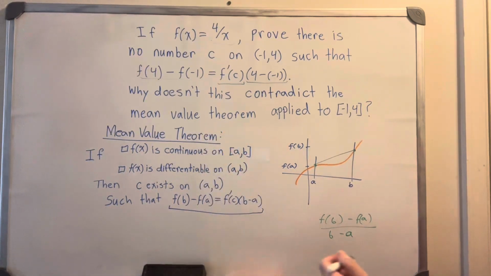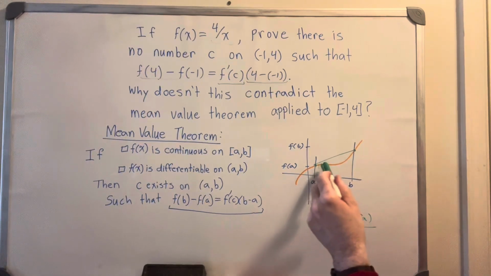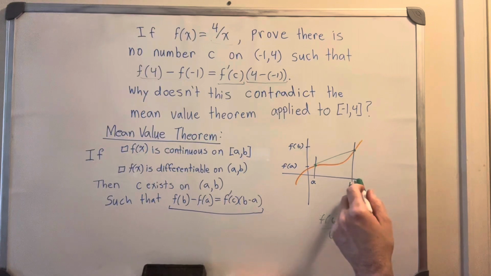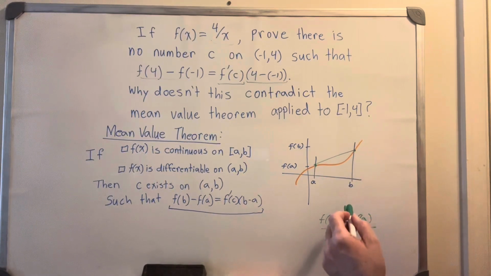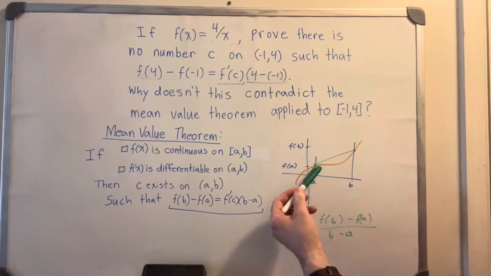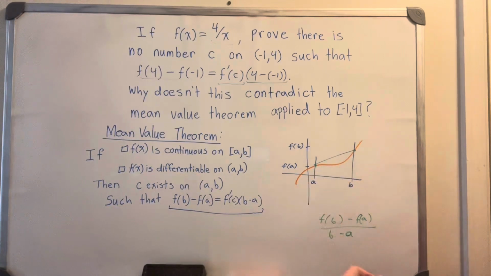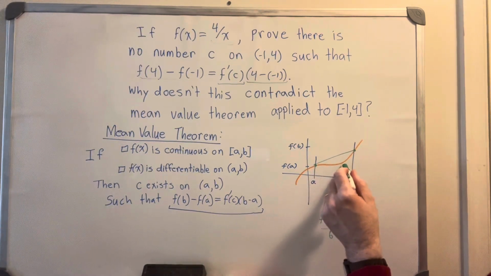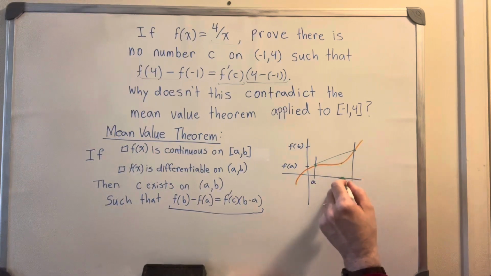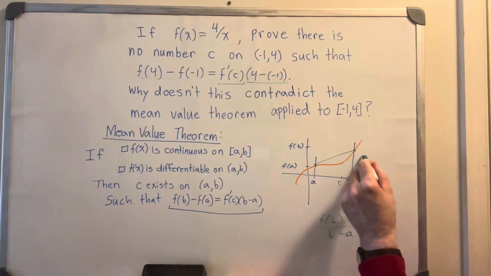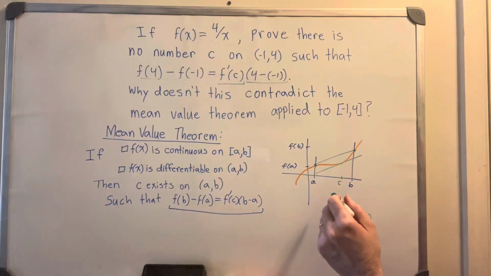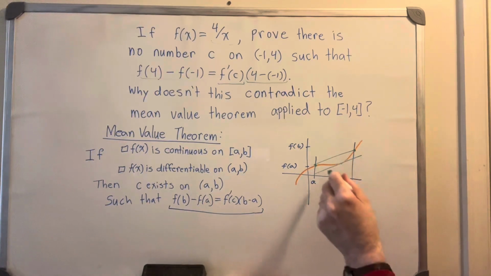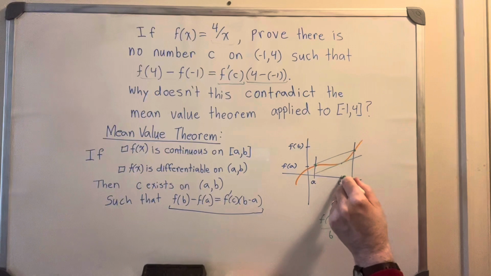In general, informal terms, what the mean value theorem says is that if the function is continuous on the closed interval and differentiable on the open interval, there's going to be at least one point where the tangent line has the same slope as the secant line. It might be this point right here. Let's say this was C. You see this tangent line at this value C?